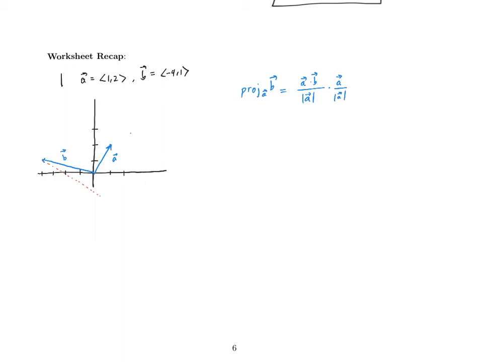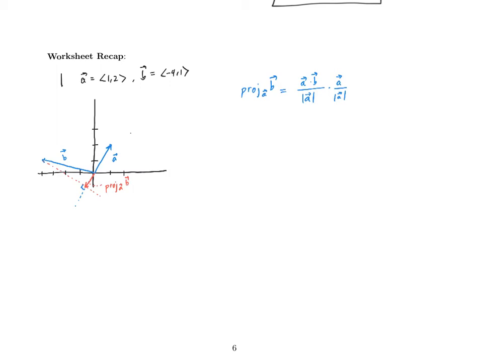What we need to do in this case is extend that vector A kind of in that negative direction, and we see where we will hit at a perpendicular. Then in this case, the vector going from the origin to that point of intersection, this would be the projection of B onto A.